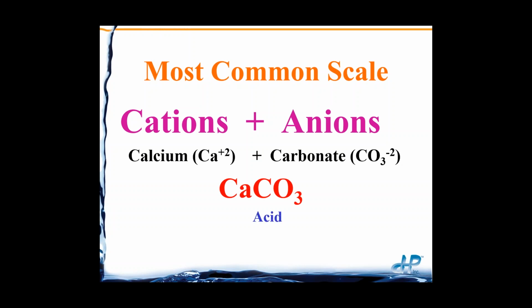So all we have to do is drop the pH down, and we're going to turn that carbonate back into CO2, in which case we're going to see a lot of tiny little bubbles in our cleaning tank. So calcium carbonate is the most common scale. Fortunately, it's going to be the easiest one to remove, so long as we can get cleaning solution to go through it.